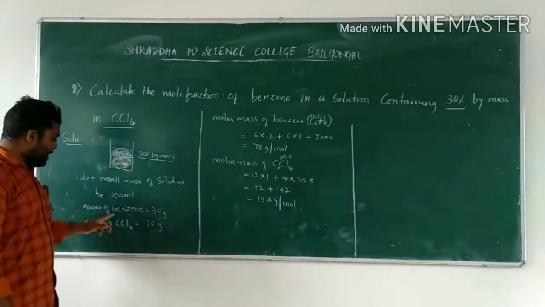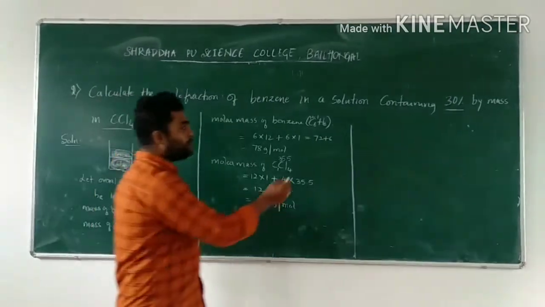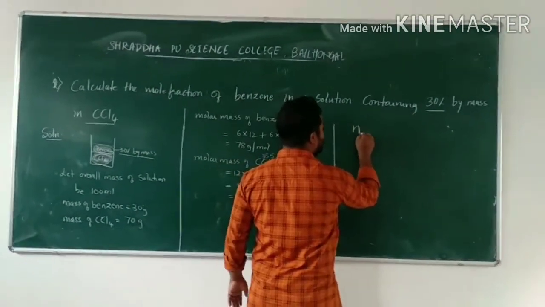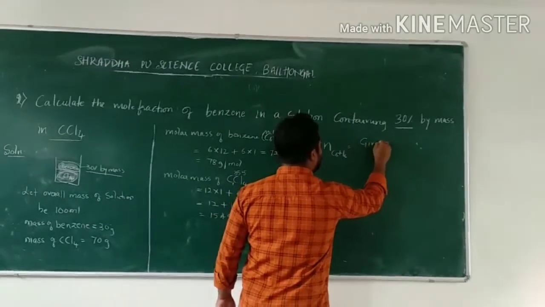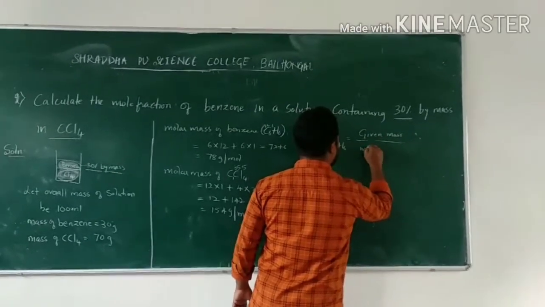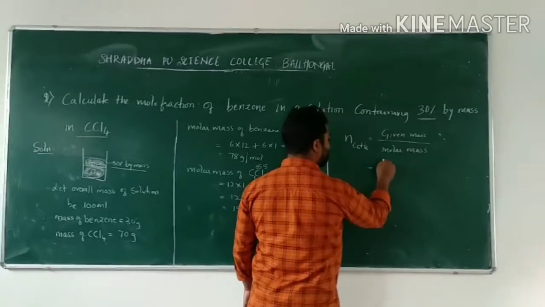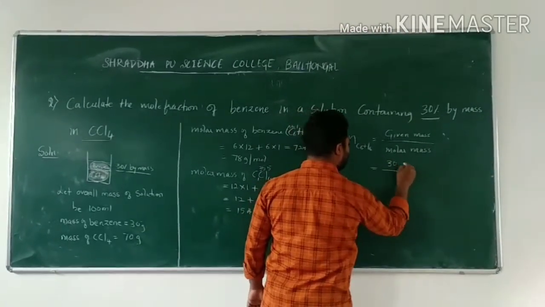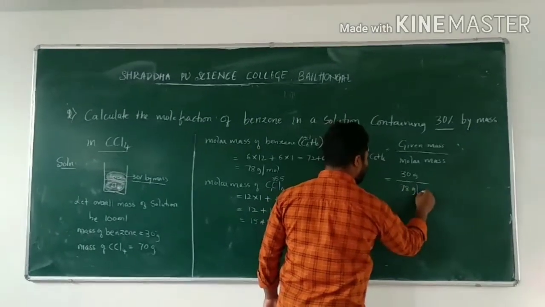Now you have the given mass, you have the molar mass. Next I can calculate what? Number of moles of C6H6 is equal to given mass divided by molar mass. So therefore the given mass is equal to 30 grams, and this molar mass is equal to 78 gram per mole.